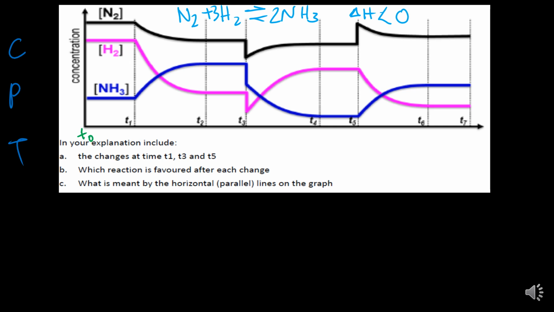Before getting into analyzing it, we know that when there is a change in concentration, there will be a sharp increase or decrease in that specific substance that was either added or removed.